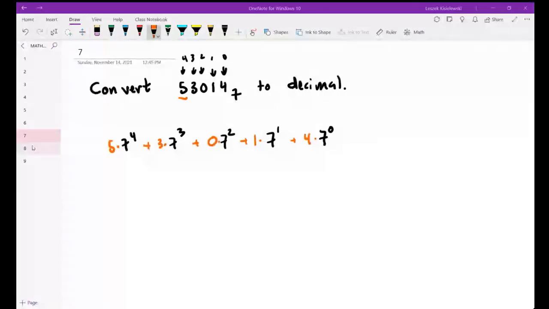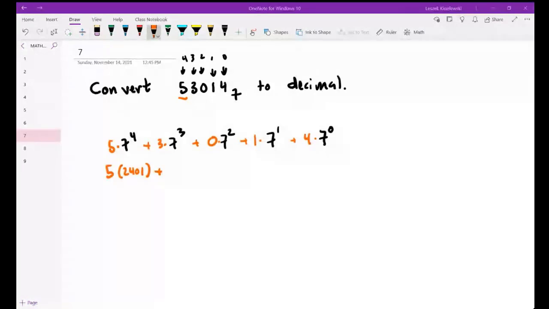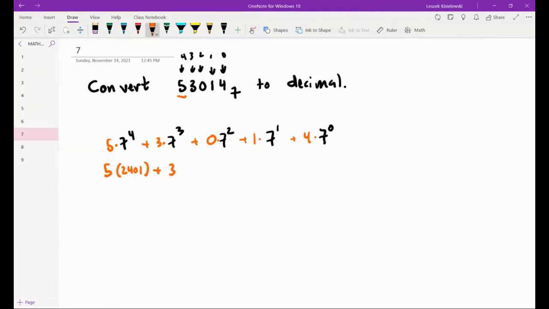So we would have, let me just write it out. So that's 5 times 2,401, 3 times 343, 0 times 49, and then 1 times 7, and then 4 times 1.